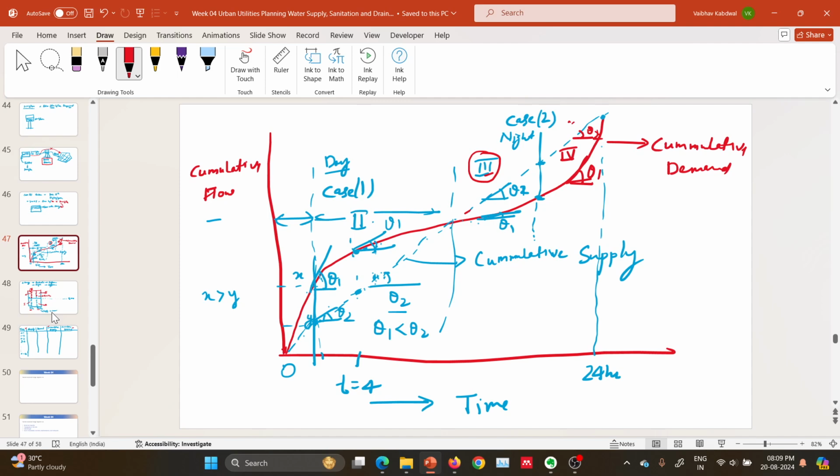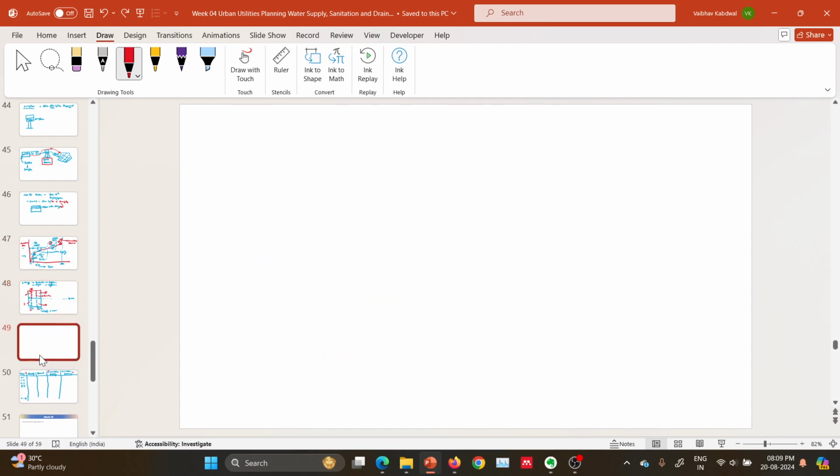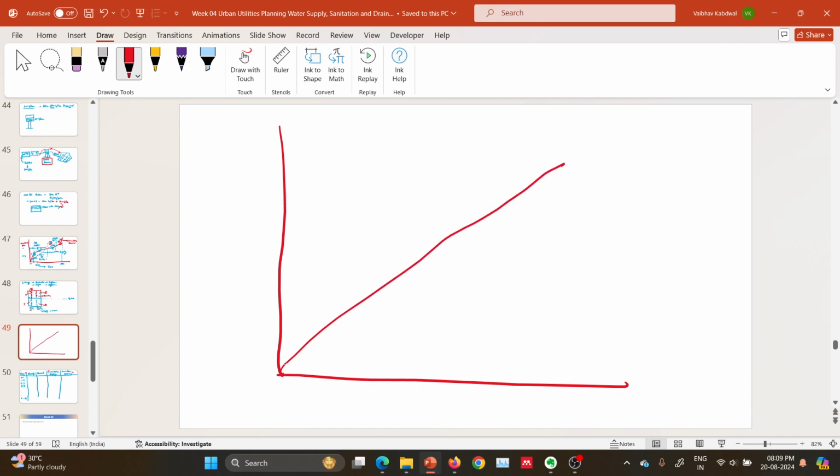So what will happen here? This will give us the maximum A and B. So this will give us how much maximum water should be kept in the reservoir, and this much space should be available so that excess water may not come out of the reservoir.